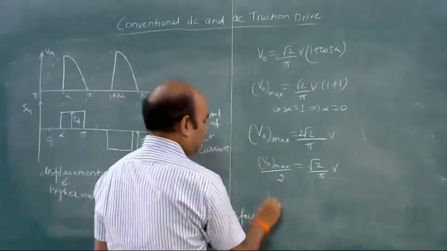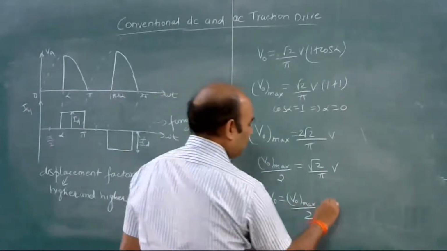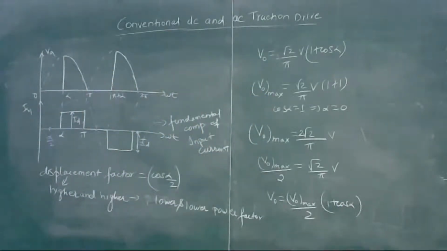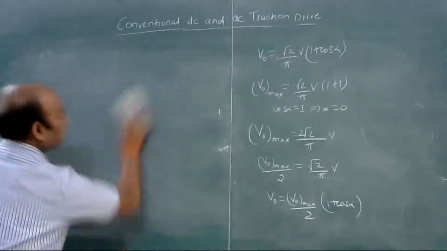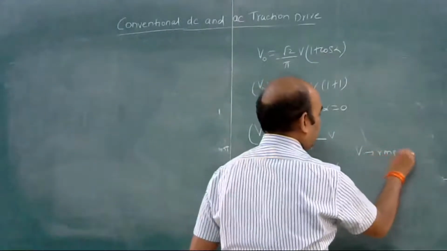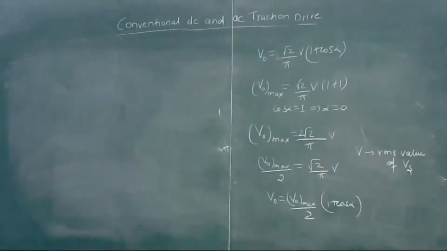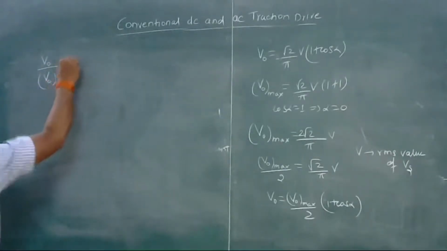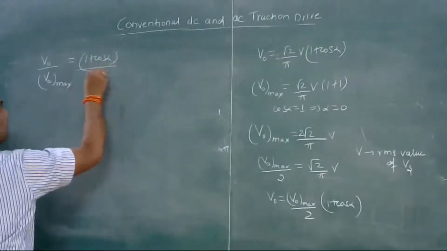So V naught will be equal to V naught max divided by 2, into 1 plus cos alpha, where V is the RMS value of the supply voltage. So V naught upon V naught maximum is equal to 1 plus cos alpha by 2.